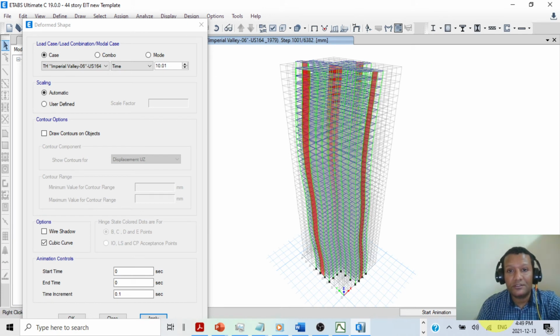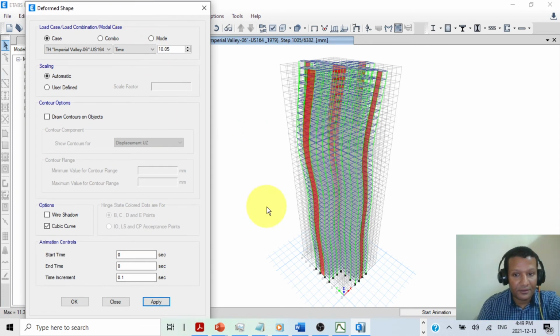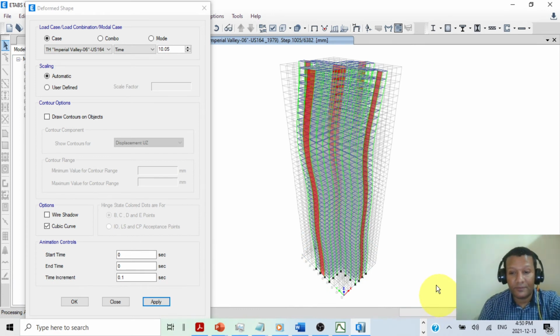This is 101, this is 102, this is 103, 104, like this. And if you start animation, you can continue like that, the whole history, or you can start animation also.